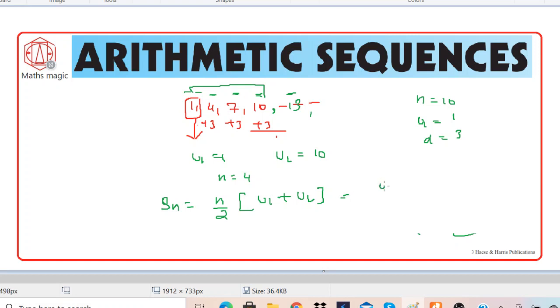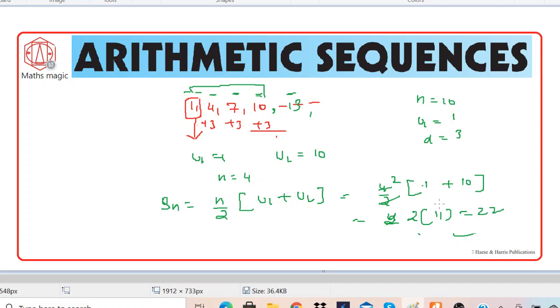So it's 4 by 2, and U1 is the first term from where you want to start adding, so it's 1 itself, and the last term over here is 10. So you can simply add and then you find the sum. So it's 2 and then 10 plus 1, 11. So it's 22.